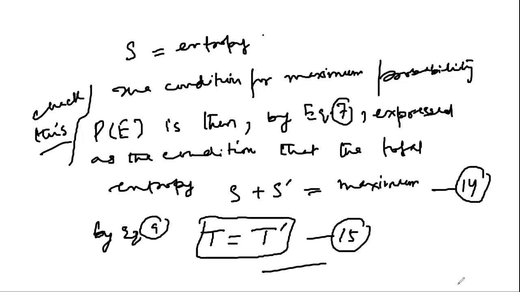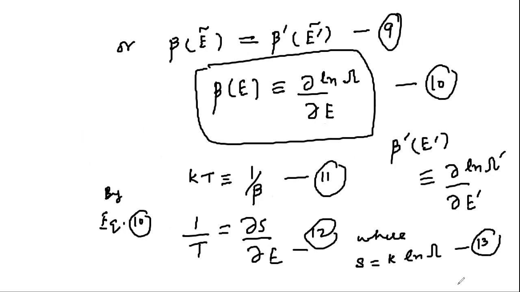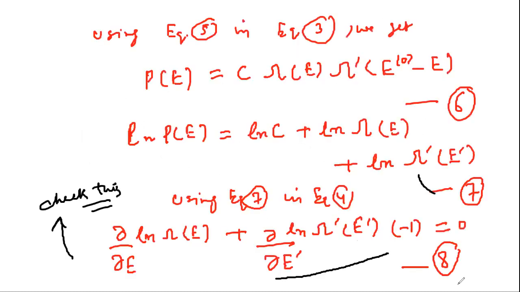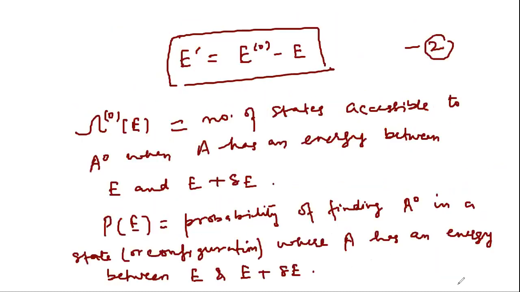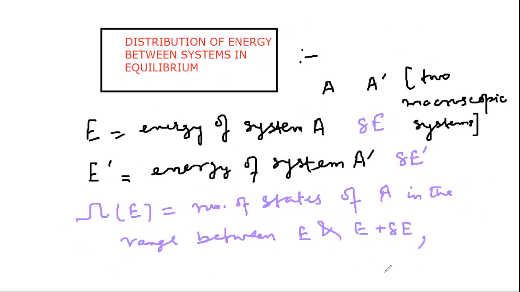Now before leaving you, I need to first recap. Our topic was distribution of energy between systems in equilibrium. So we said let there be two macroscopic systems A and A prime.